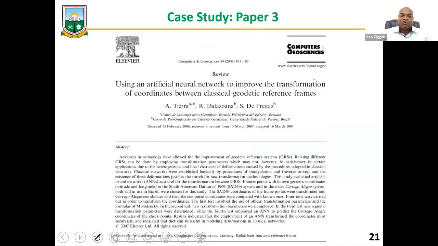He was also looking at the South American Datum of 1969, as well as comparing it with other established reference datums in Brazil.